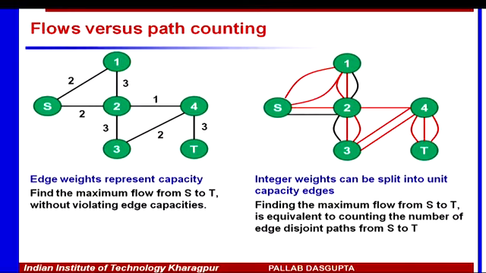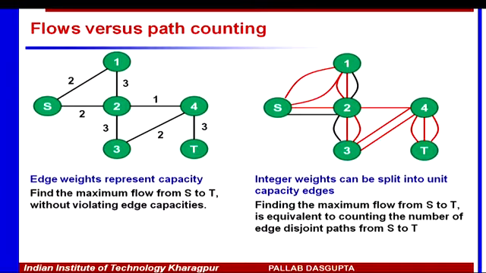That is, when you are saying counting, you are saying then that the flow value has to be an integer, right? That is, it has to be either 1 or 2 or depending on the number of paths that we have. And we can break up an edge of capacity 2 into two different edges only if we assume that that 2 is an integer.